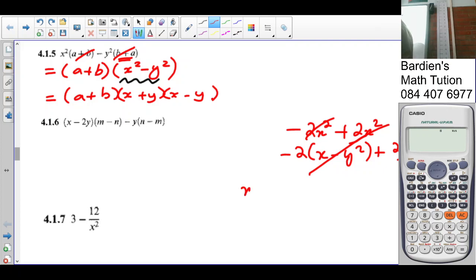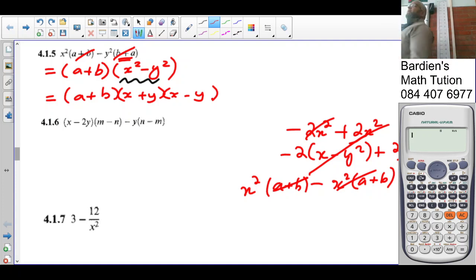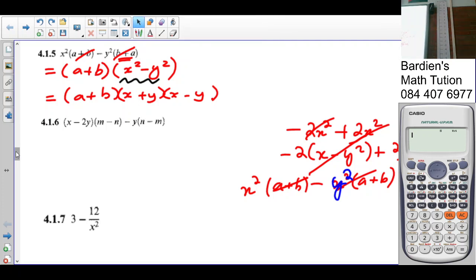Or you've got x squared into a plus b minus x squared into a plus b. That cancels. Why? Because they're all like terms. Can you see that? But if you put the y here, well, y squared, are they like terms? Can they cancel? No. You understand? Is there any confusion?